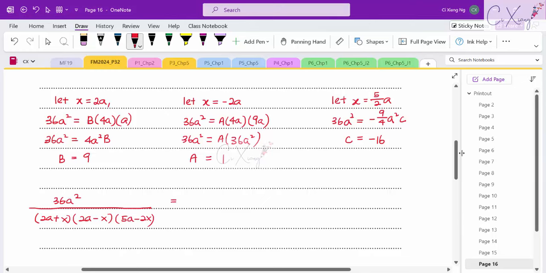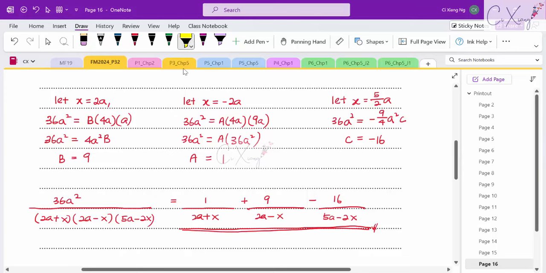The partial fraction that we get is 1 over 2a plus x, then plus 9 over 2a minus x, and also minus 16 over 5a minus 2x. So this is basically how we get the partial fraction for this particular function.